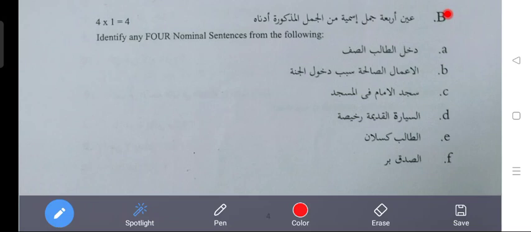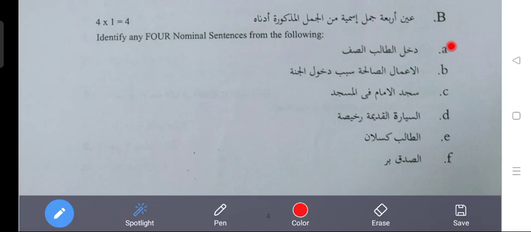How to find out a nominal sentence? First we have to know the definition of the nominal sentence. The nominal sentence starts with a noun, or a name of a person, or with the definite article alif lam al.